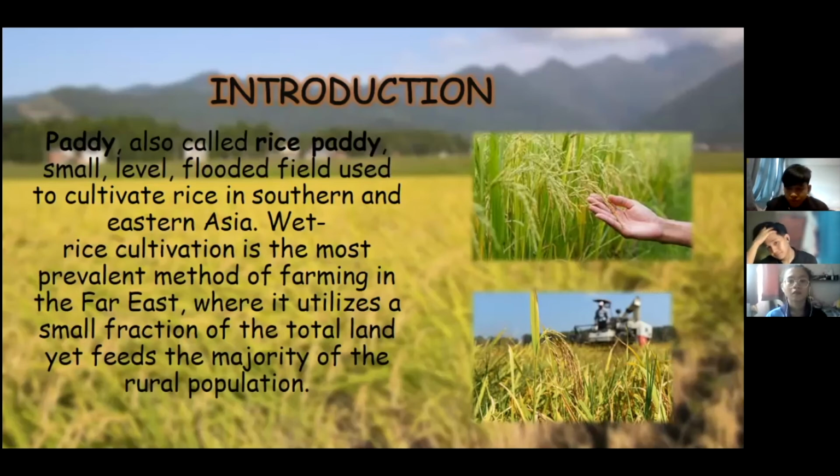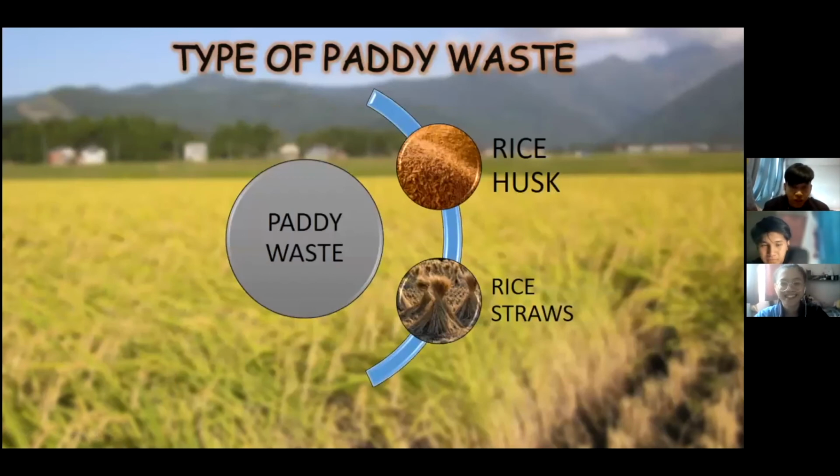Nowadays, I think China and India are among the leading countries in rice paddy harvesting. The second topic is the types of paddy waste, and I found there are two types of paddy waste, which are rice husks and rice straws.